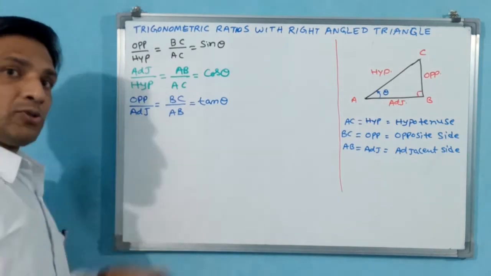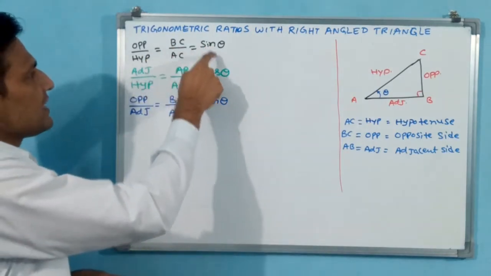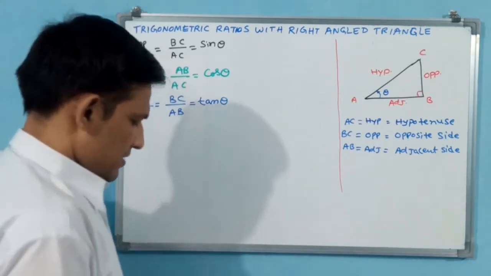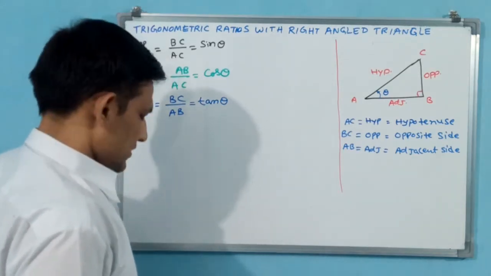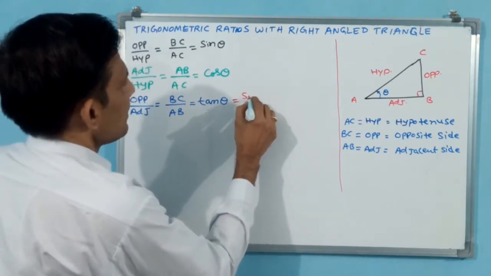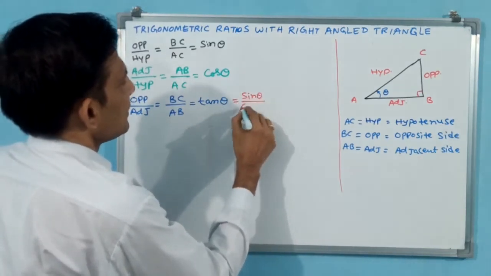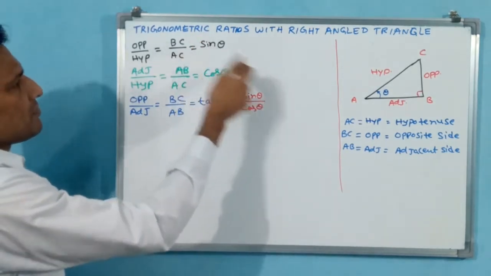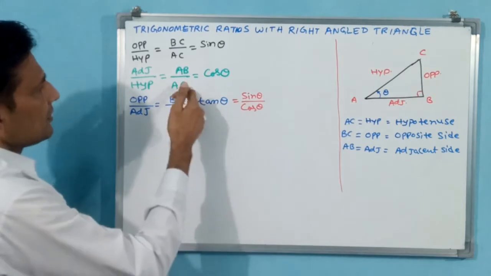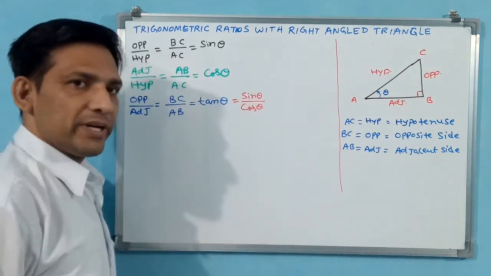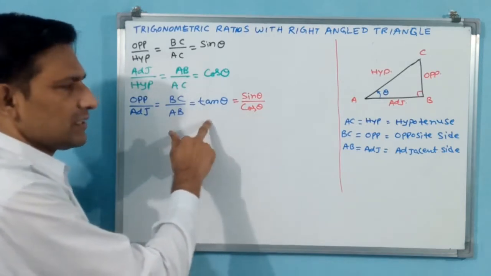Tan theta can also be represented as sin theta by cos theta. That also you write: tan theta is equal to sin theta by cos theta. Sin theta is BC by AC, cos theta is AB by AC. AC gets cancelled, and sin theta by cos theta comes.